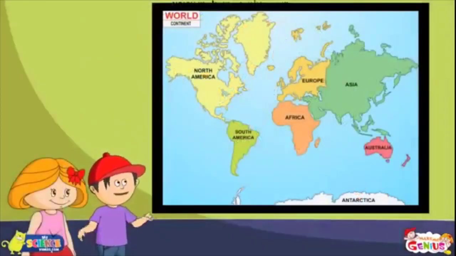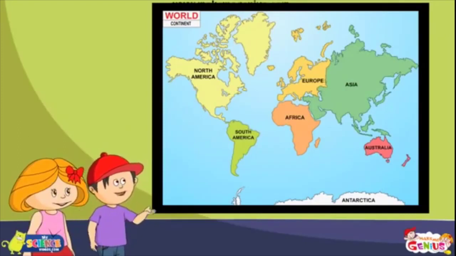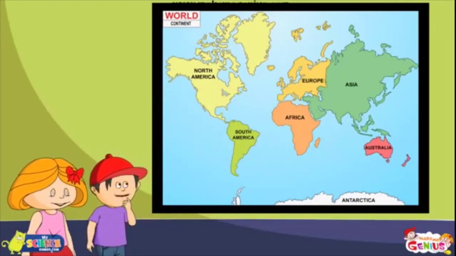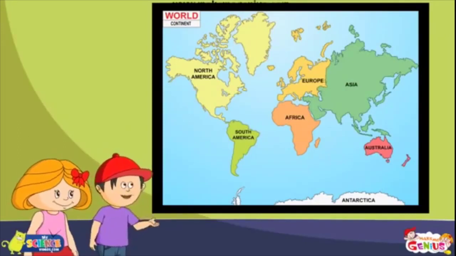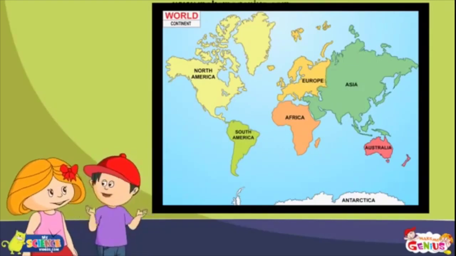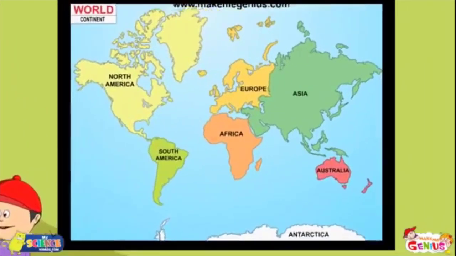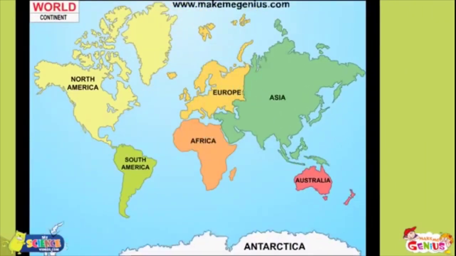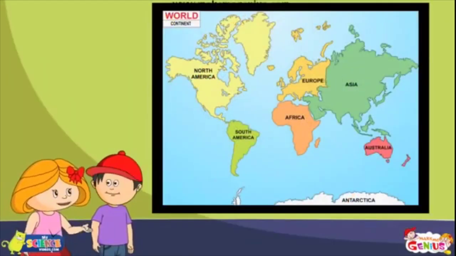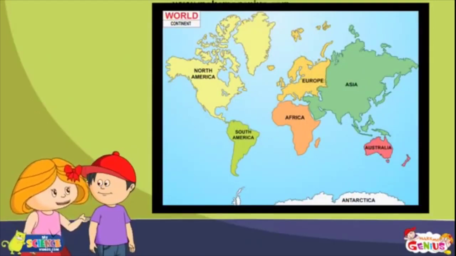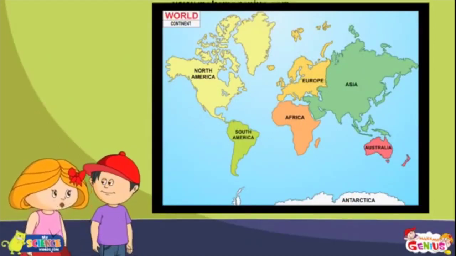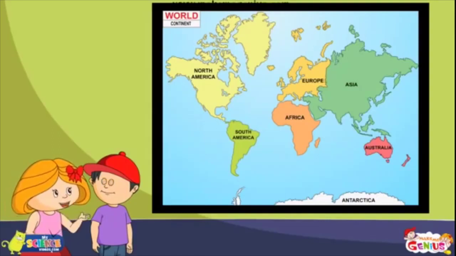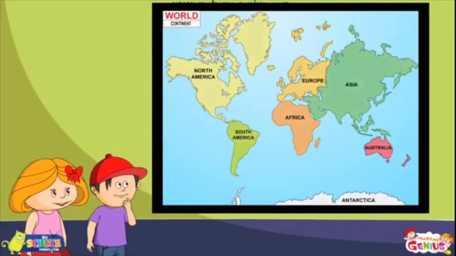Wow, this looks beautiful. It is so colorful. I thought it would be black and white, boring stuff. Why is this map so colorful, Jenny? Different places on a map will be shown by a different color. Imagine, Jimmy, if this map is in the same color everywhere. It would be so tough to locate a particular continent.